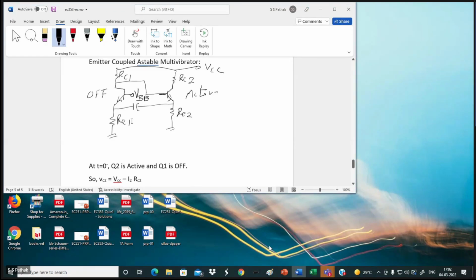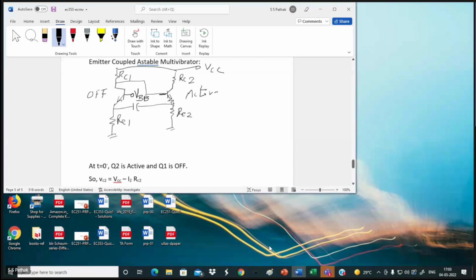Your RC2 will control the T1, that is the duration when it is low. RC2 is low, it is active till the capacitor is charging. When the capacitor charges to some voltage such that this voltage minus this base-emitter voltage becomes smaller than or equal to V gamma, at that time it becomes off.